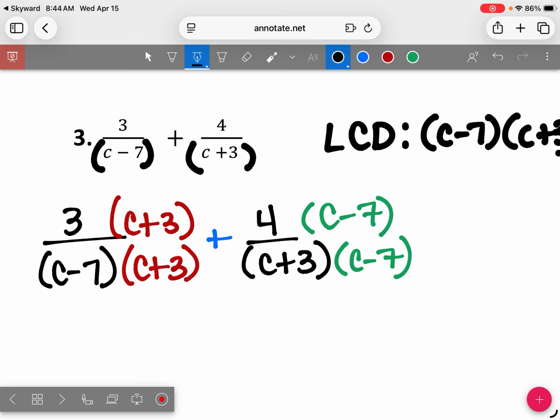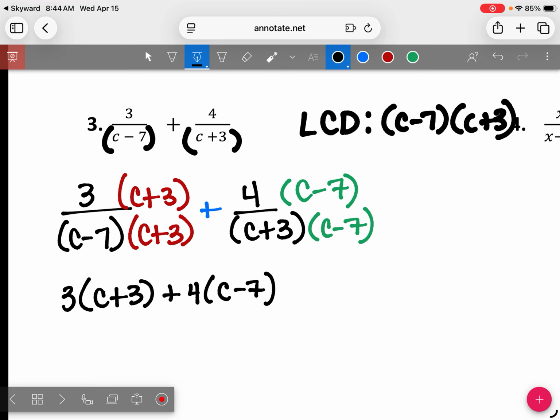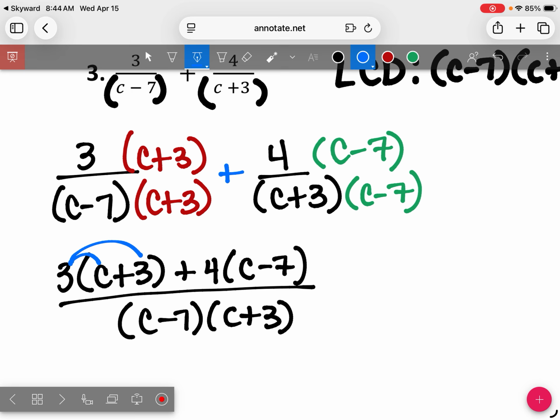I'm not going to finish it out, but you're going to have 3 times C plus 3 plus 4 times C minus 7. That's all over your LCD. So in the numerator, you need to distribute and then combine your like terms.